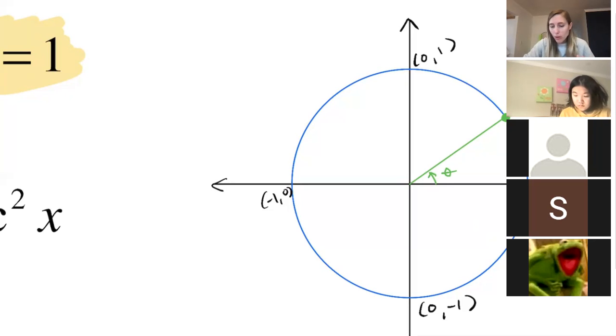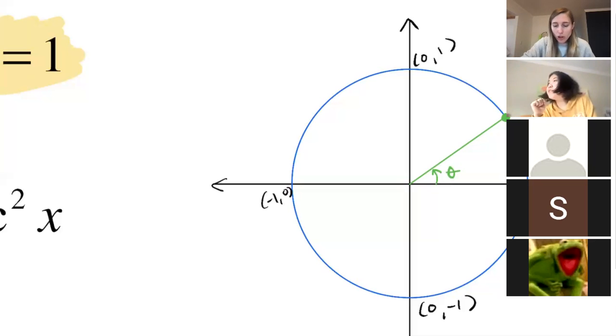But the relationship is true for any point, and there are infinitely many points, which is so crazy to think about, right? For every single point, that point can be represented as cosine of theta, for the angle in standard position, comma, sine of theta.